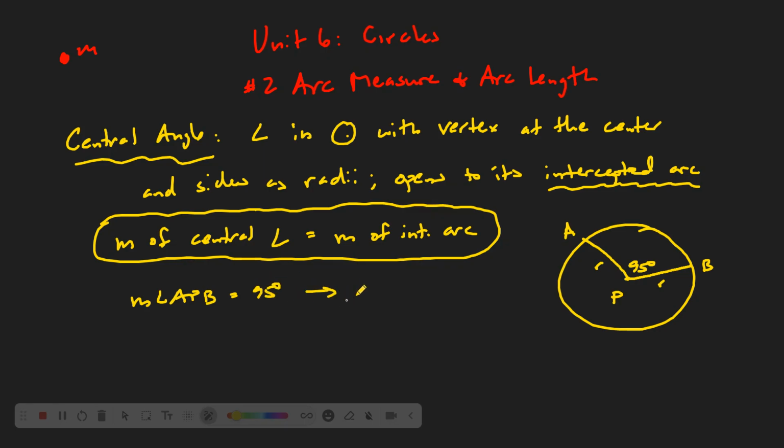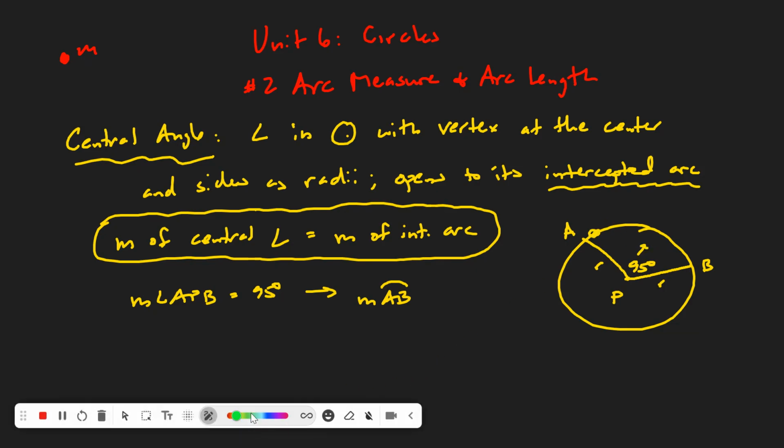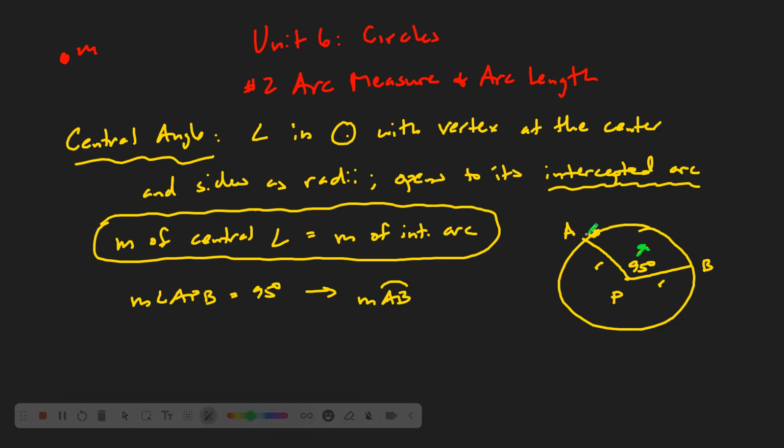Well, that means that the measure of arc AB, because this angle opens to this intercepted arc AB, is also 95 degrees. This is our first time talking about arc measure. And again, this is why the measure of a central angle is equal to the measure of its intercepted arc.